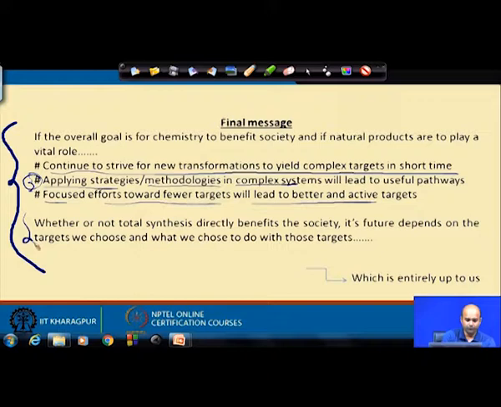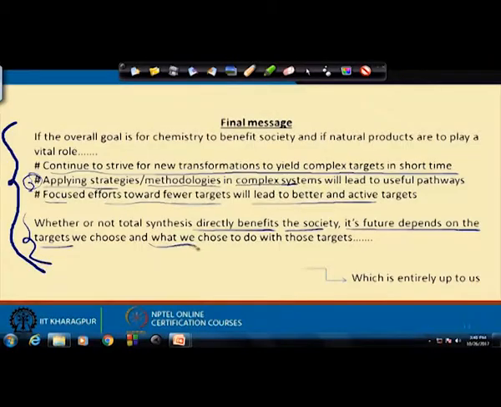And now, the final message: target oriented synthesis definitely has a direct impact on society, and its future always depends on the targets we choose. Now, what target to choose? Basically, the targets which are biologically significant, which have a direct impact on society, we should choose those targets.